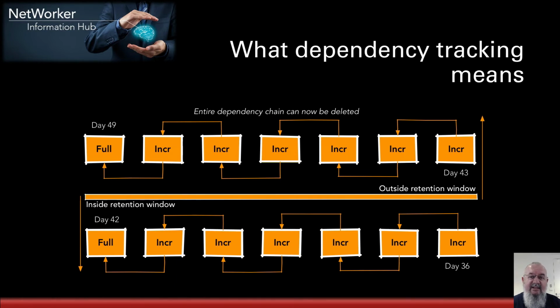We have a chain that's been split by the next full backup that's been done, which means we have a sequence of backups, 4 plus 6 incrementals, which all exist outside the retention window, and there is nothing inside the retention window that requires those backups to be available in order to do a complete recovery. So NetWorker can delete all 7 backups simultaneously.